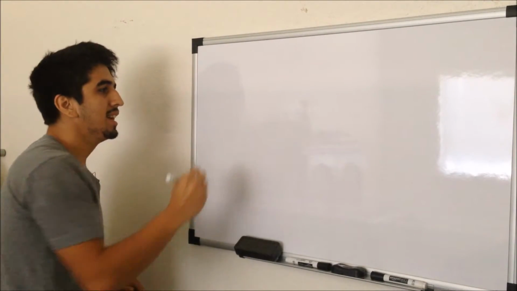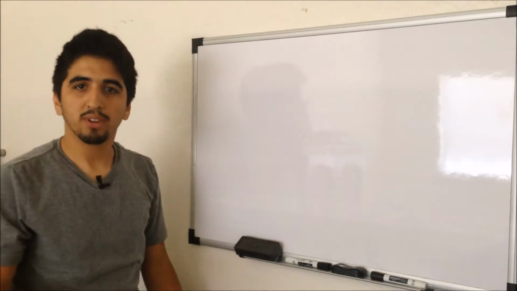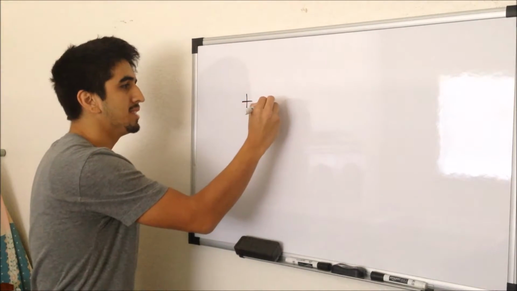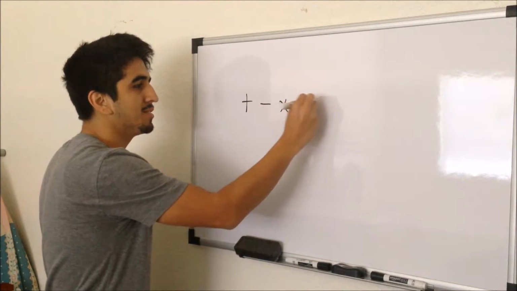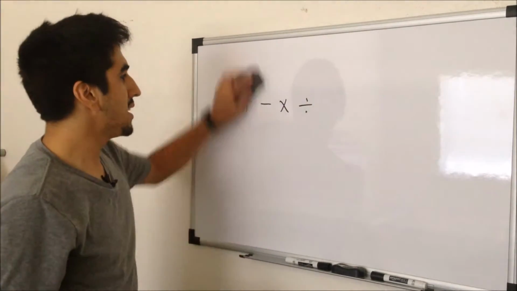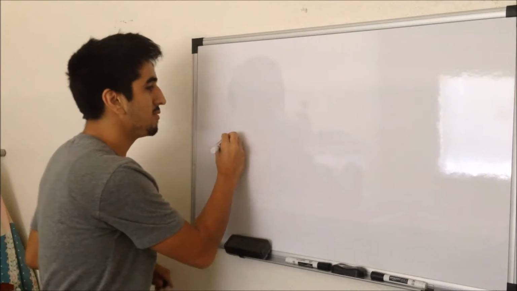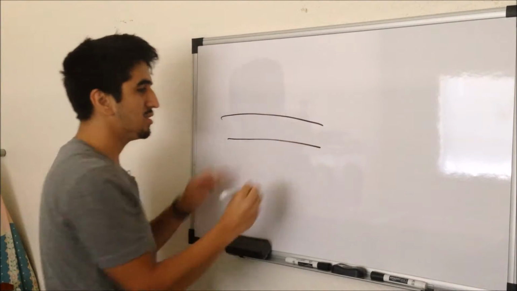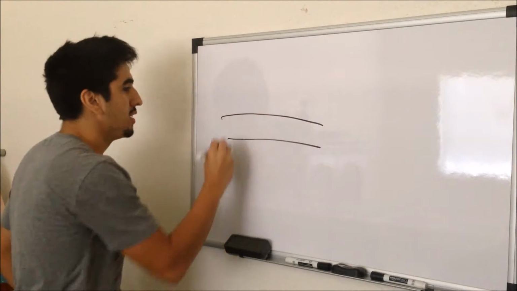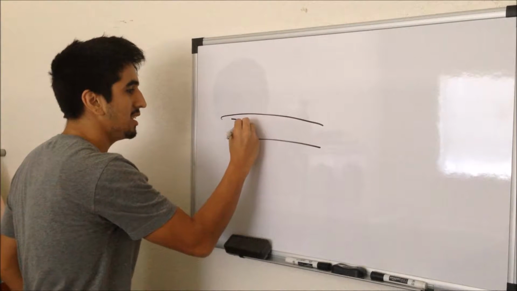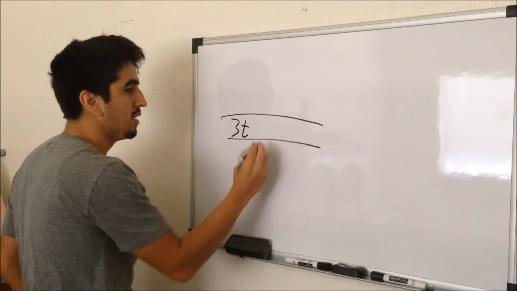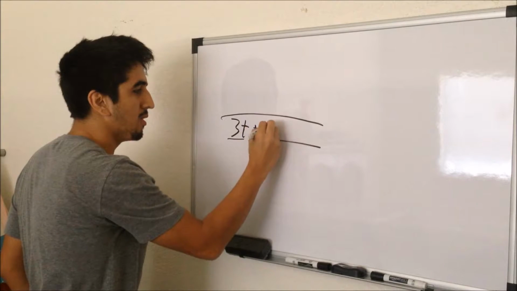Another basic rule is when your operators, your plus, your minus, your multiplication sign, and your division sign, do your best to put those in the middle of the space that you're writing in. Let's say this is your paper and this is your line. You're writing 3t, remember the hook, plus 4.